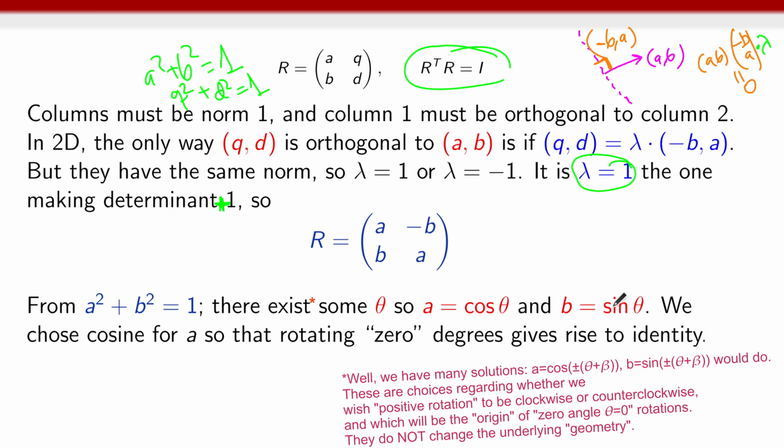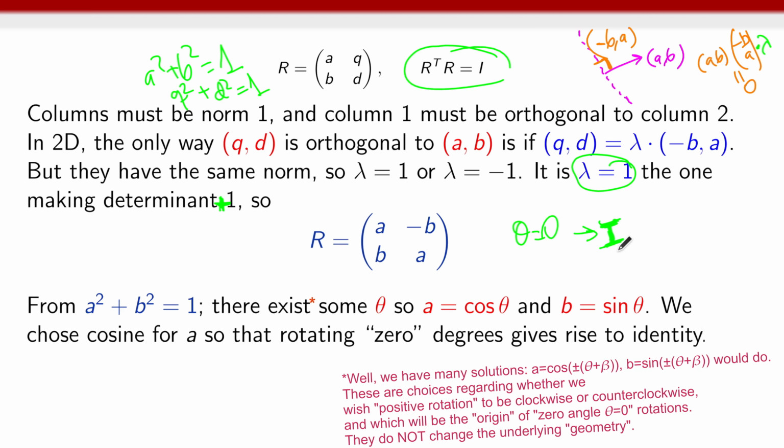Because cosine squared plus sine squared is 1, so for sure we can find that theta, and then we will define that for theta equals 0, we must get identity. 0 must be not rotating. Again, this is taking a reference point.